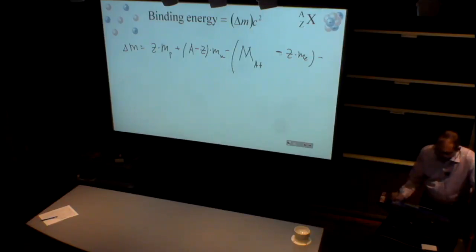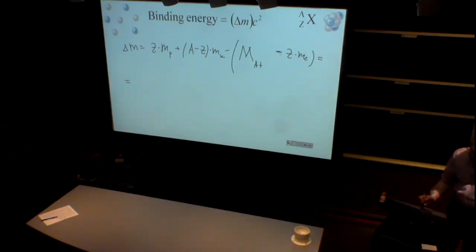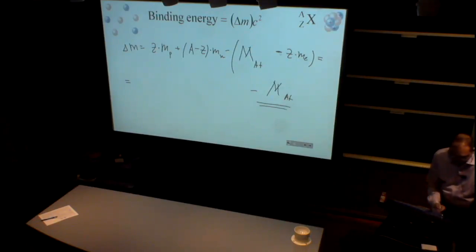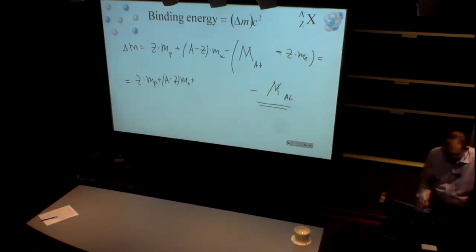That's it. So basically, we always can use atomic mass. We just need to do this calculation, which includes protons, neutrons, and electrons again.